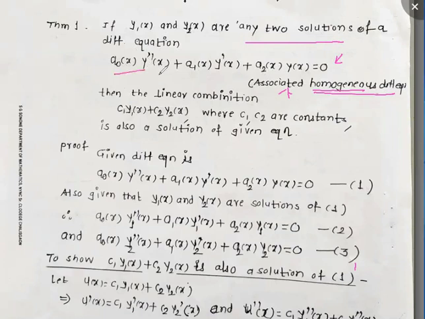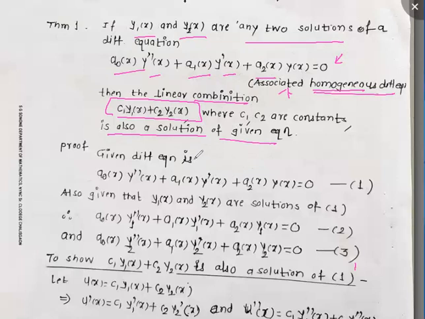So a0(x) y double dash + a1(x) y dash + a2(x) y = 0. If y1 and y2 are two solutions of this linear second order differential equation, then the linear combination c1 y1 + c2 y2, where c1, c2 are constants, is also a solution. So if y1, y2 are solutions of a homogeneous linear differential equation, that is, right hand side is 0, then their linear combination is also a solution of that equation.